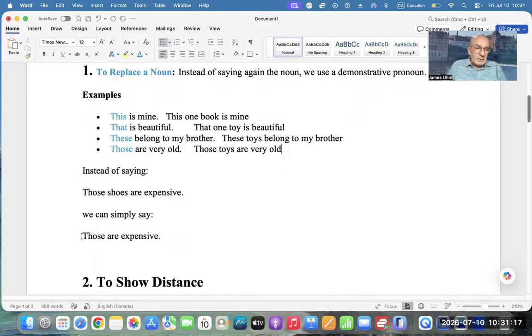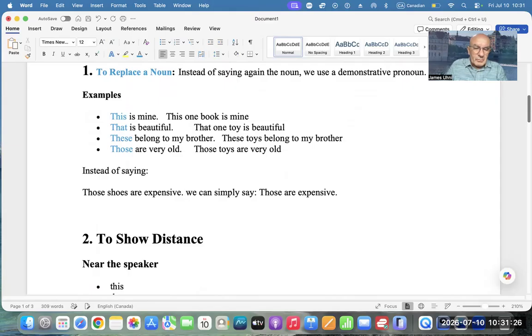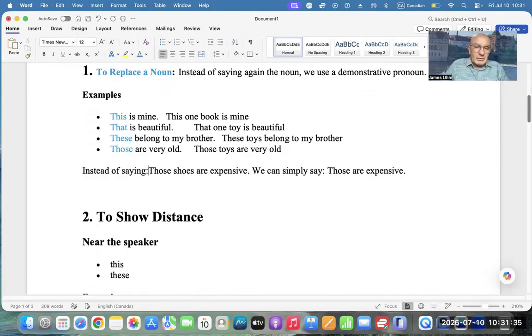So let me make it simple. Put it into one line.